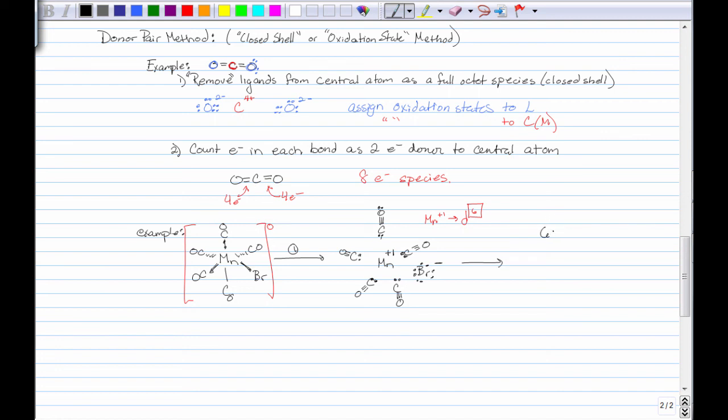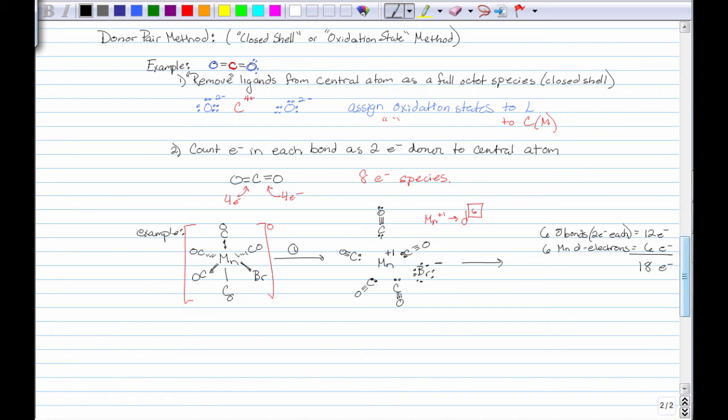So I have 6 sigma bonds, 2 electrons each, gives me 12 electrons from the ligands. And then the number of electrons that were already on the metal was 6. I knew that from the oxidation state of the metal. And so my total electron count for this complex is 18 electrons.